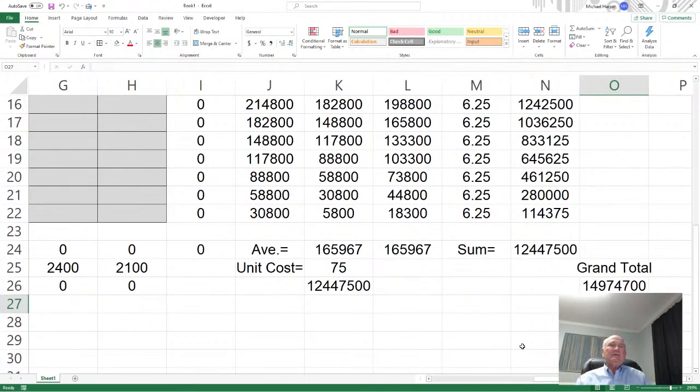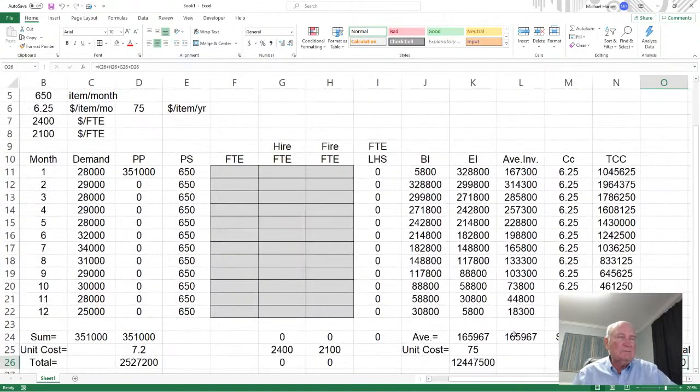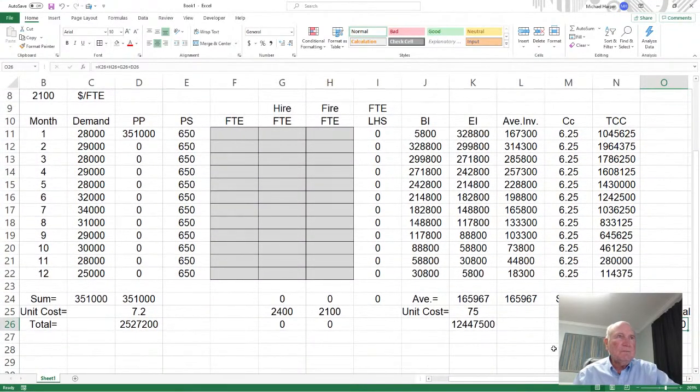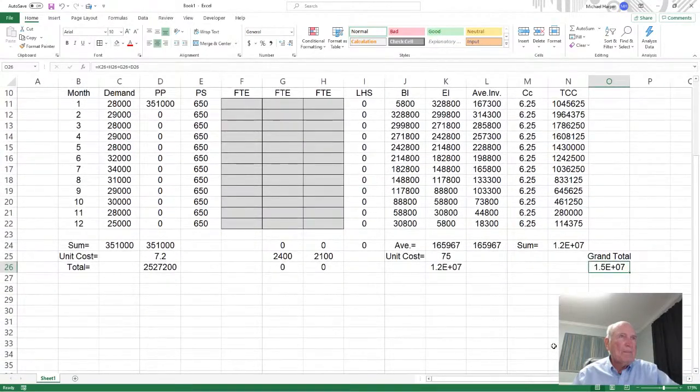So that's what we're minimizing in this homework, and that's what they're asking us to do. Let's bring this back down so I can see everything together. There we go.